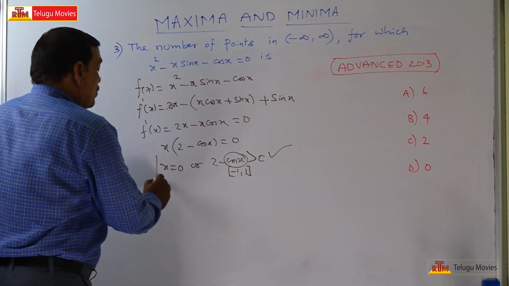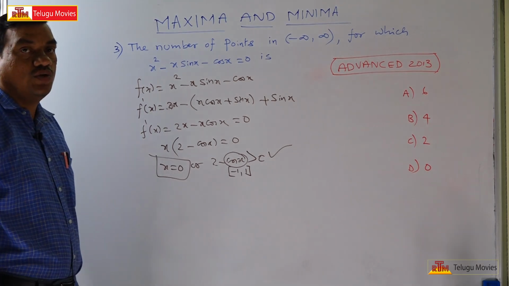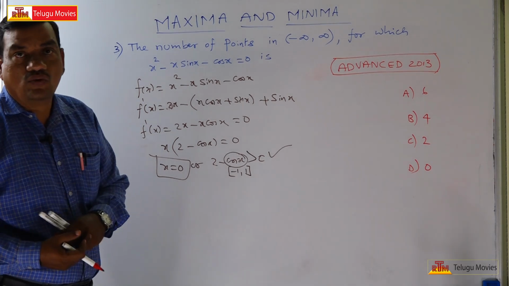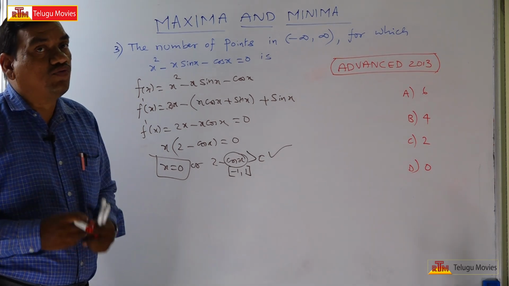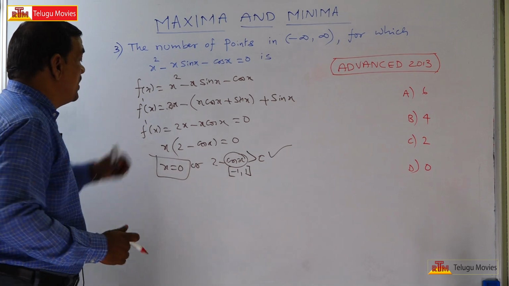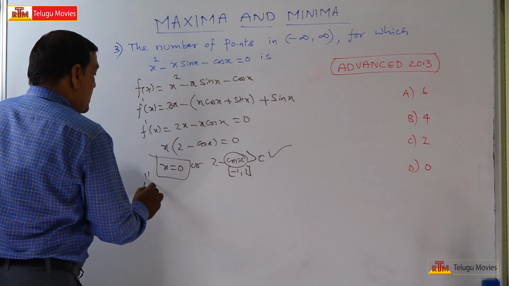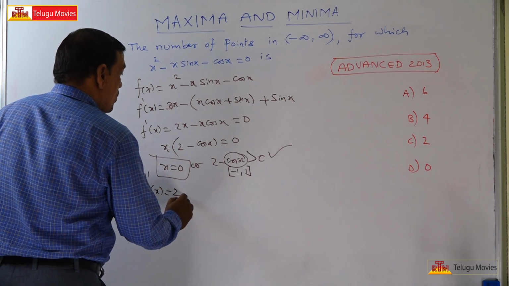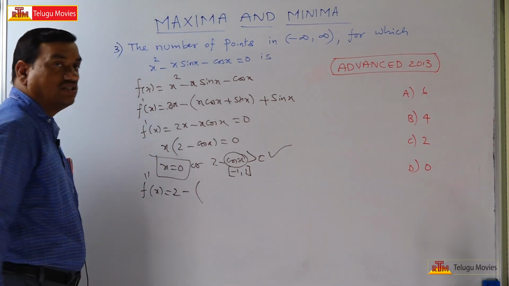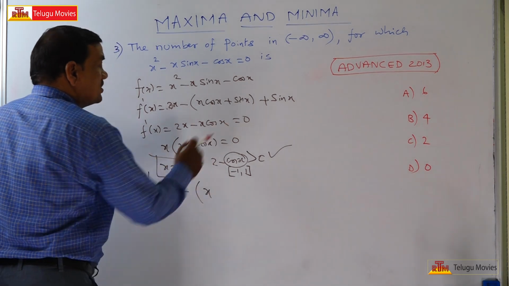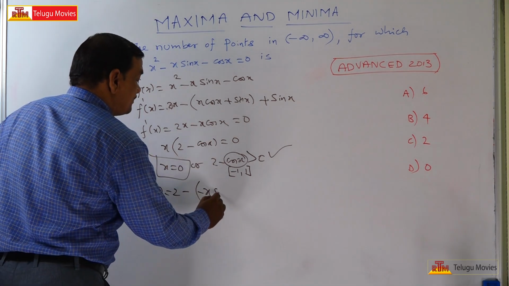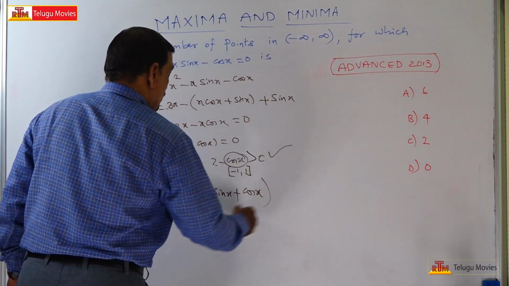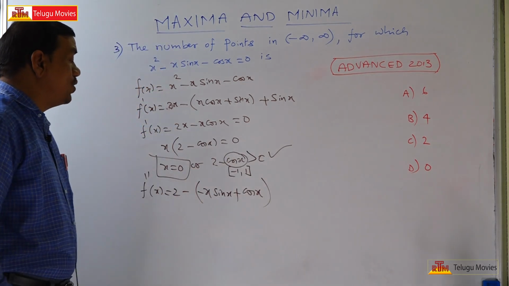So, at x is equal to 0, the function may have a maximum or minimum. To check that, we have to go for the second derivative test. F double dash of x is equal to the derivative of 2x, which is 2, minus the derivative of x cos x, that is x into the derivative of cos x, minus sin x, plus cos x into the derivative of x, 1. Now substitute x is equal to 0 here.